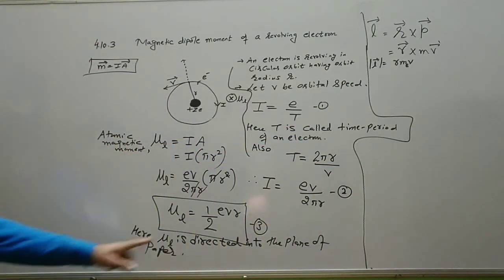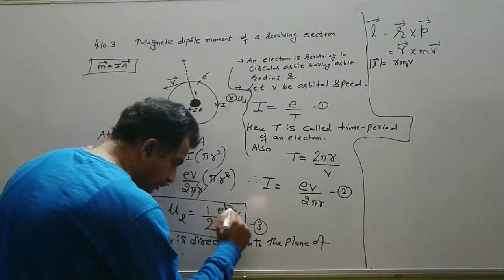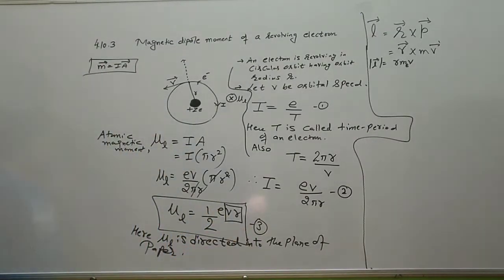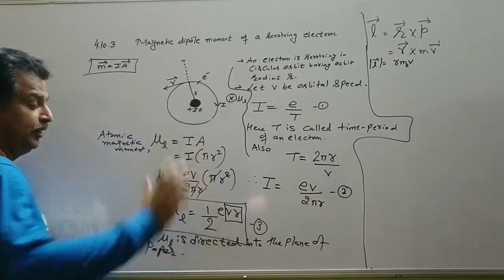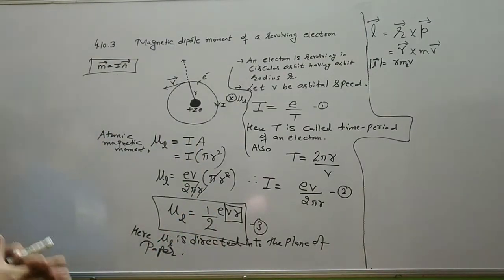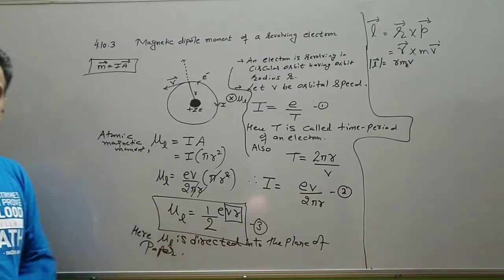So if we see this formula, we already have a term vr here. If I multiply and divide it by me, that is the mass of electron, then I can find out the relation between the angular momentum and the magnetic moment.